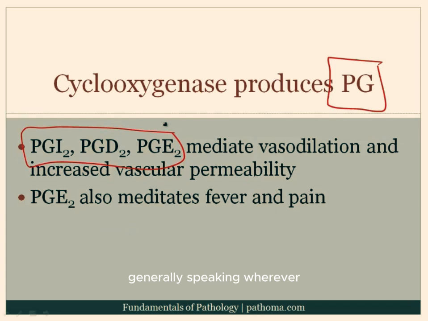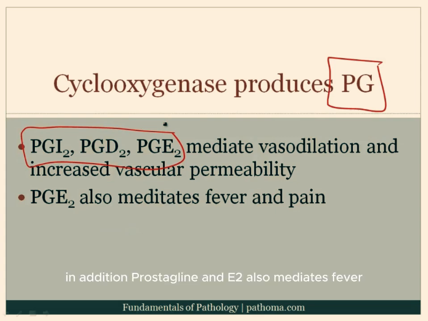Generally speaking, wherever you're going to hear me talk about vasodilation in this particular discussion, it occurs at the level of the arteriole. And the increased vascular permeability, generally speaking, will occur at the post-capillary venule. It's important to know both of these, i.e. that vasodilation occurs at the arteriole and that increased vascular permeability occurs at the post-capillary venule.